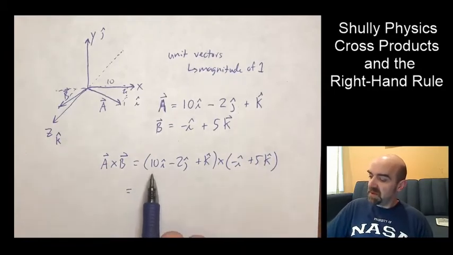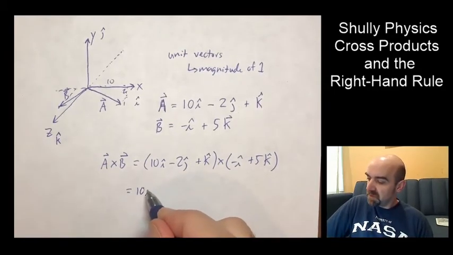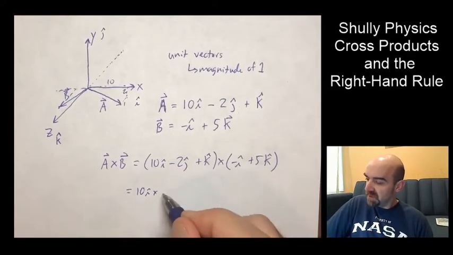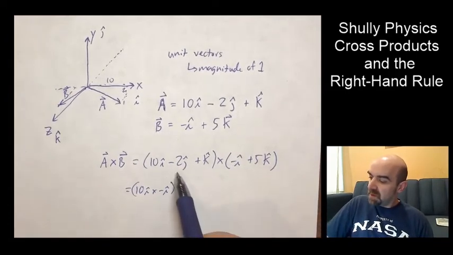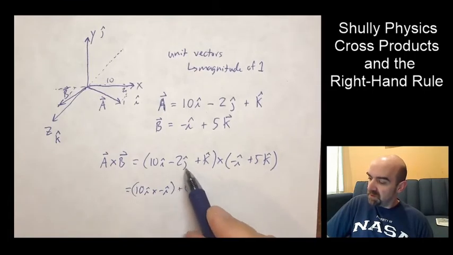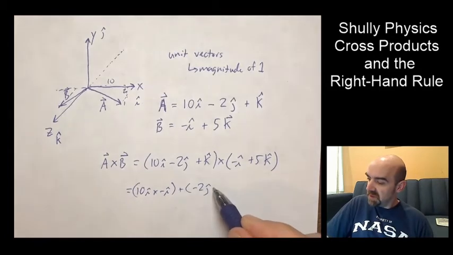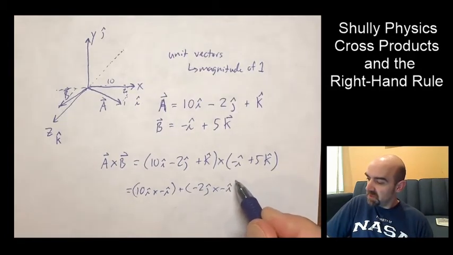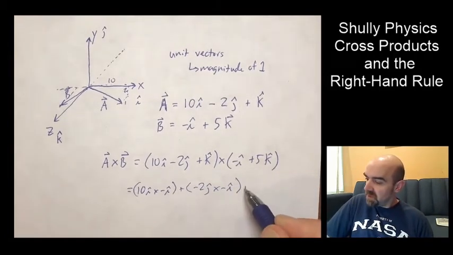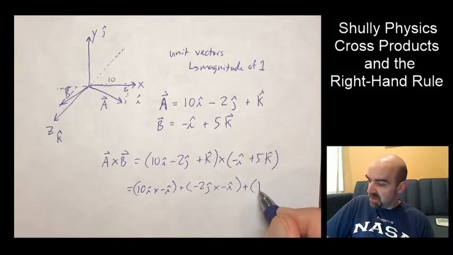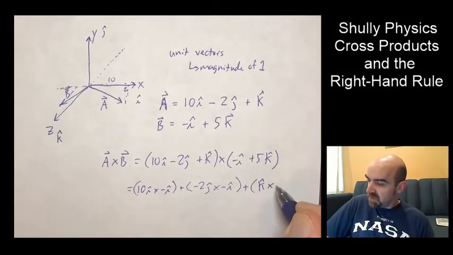So I'd have to take a 10I cross negative I, plus negative 2j cross negative I, plus k cross negative I.